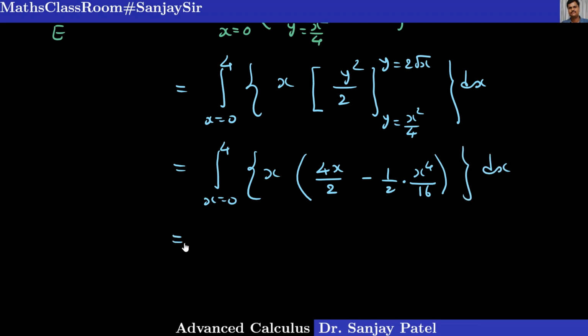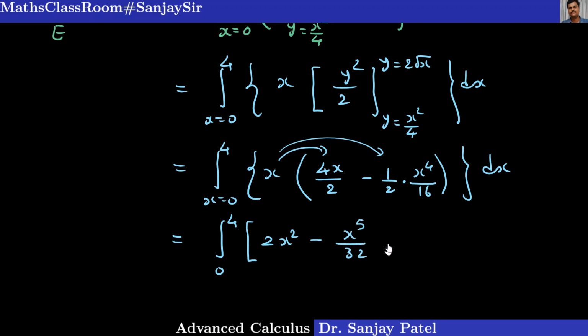So this is equal to the integral from 0 to 4 of simply 2 into x square, multiplying with this x. So the second term is minus 1 by 32, and x raised to 4 into x is x raised to 5. So it is x raised to 5 by 32 dx.